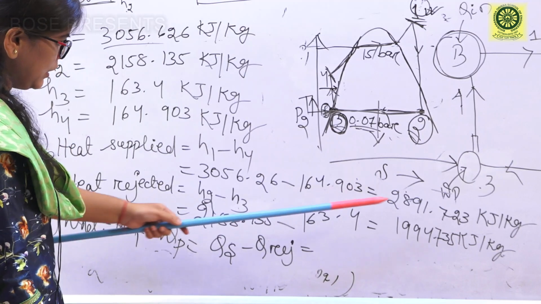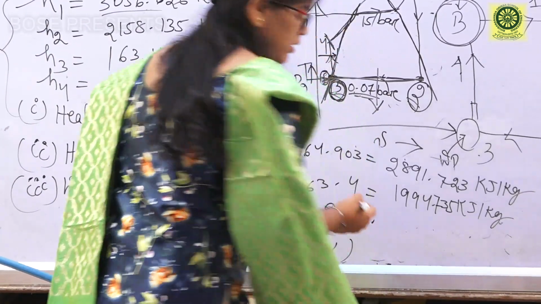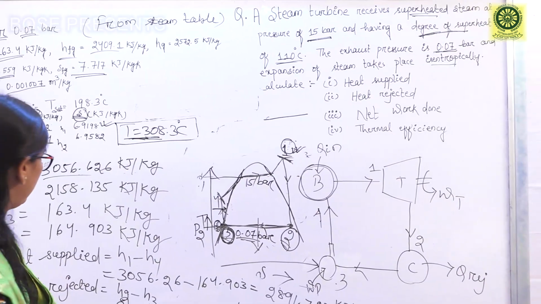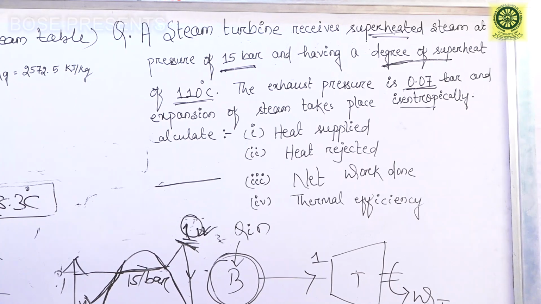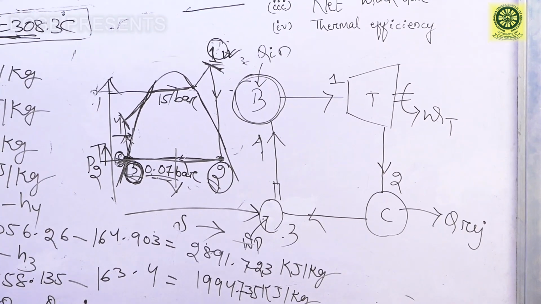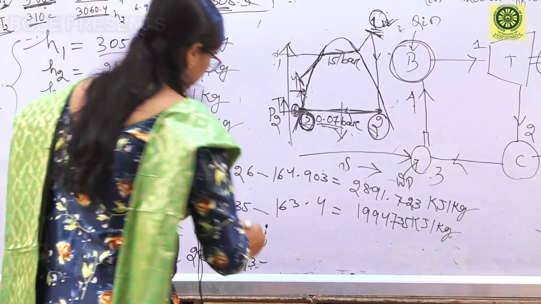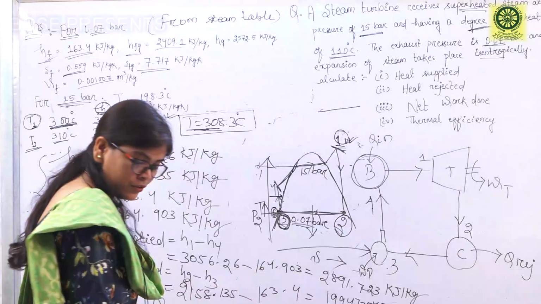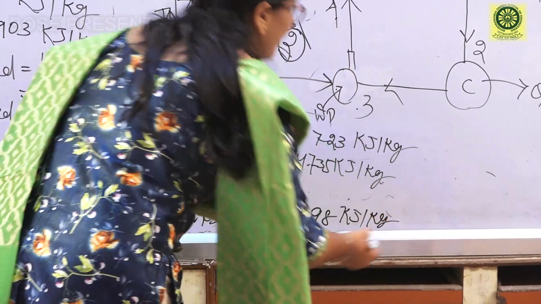Just subtract: 2891.723 minus 1994.735, and you are going to get 896.98 kilojoule per kg. Now this is your net work done.